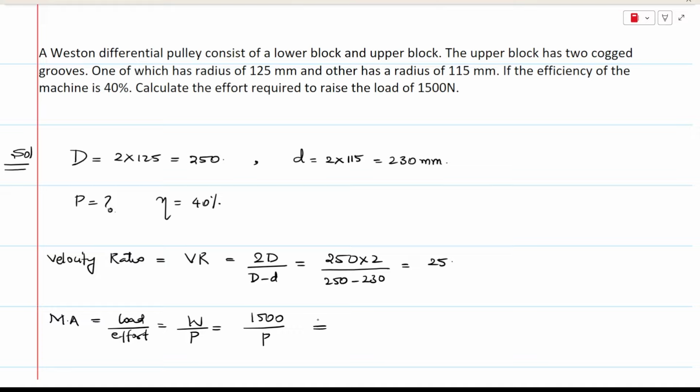So efficiency is expressed as mechanical advantage divided by velocity ratio. So this is equal to 40%, that's 0.4, equal to 1500 by P whole divided by velocity ratio, which is 25. So here 25 into 0.4 is 10. So 1500 by 10 is 150 newtons, which is the effort.